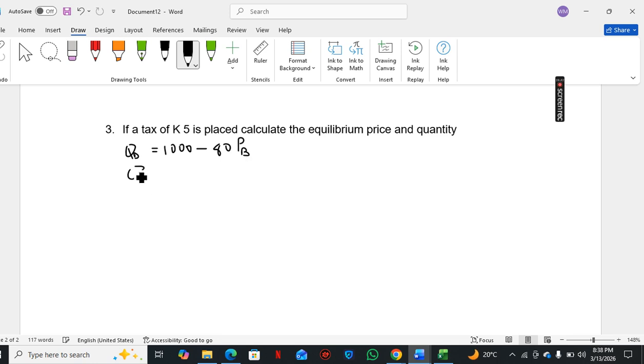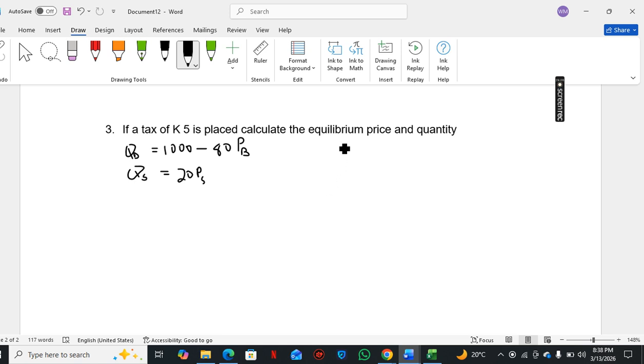Supply function: QS equals 20 PS. So colleagues, whenever a tax is implemented, we're going to assume the tax is affecting the supply.